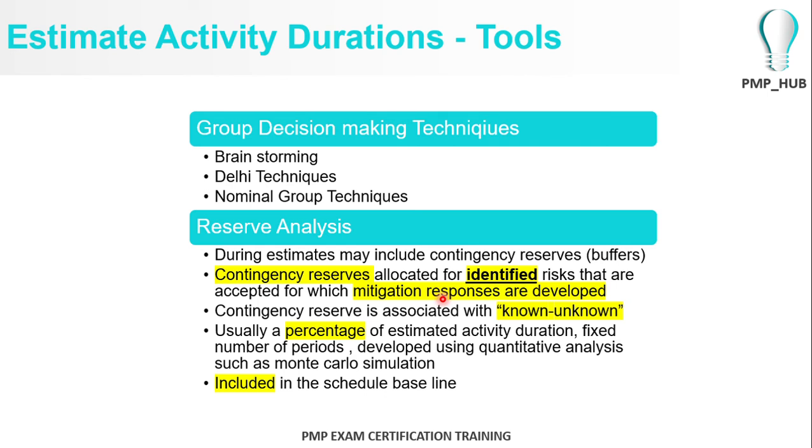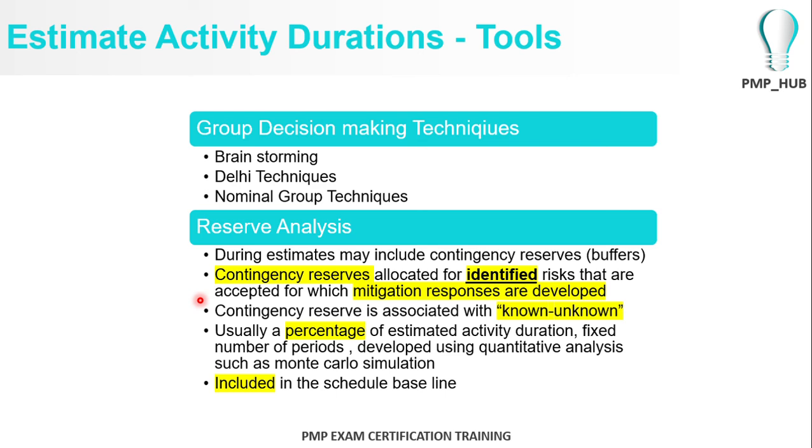As a project manager, it is also important for you to understand the concept of reserve analysis. In reserve analysis, there are two things. One is the contingency reserve. This is where you allocate a contingency reserve to identified risks. Contingency reserve is associated with known risks. For example, you have identified certain risks in an activity and you know those risks, and for that you can add on a contingency reserve.